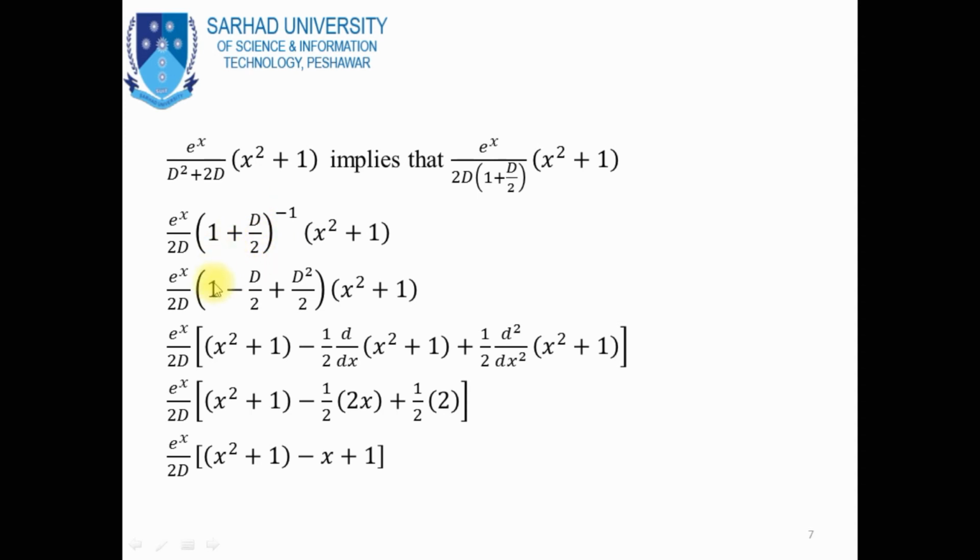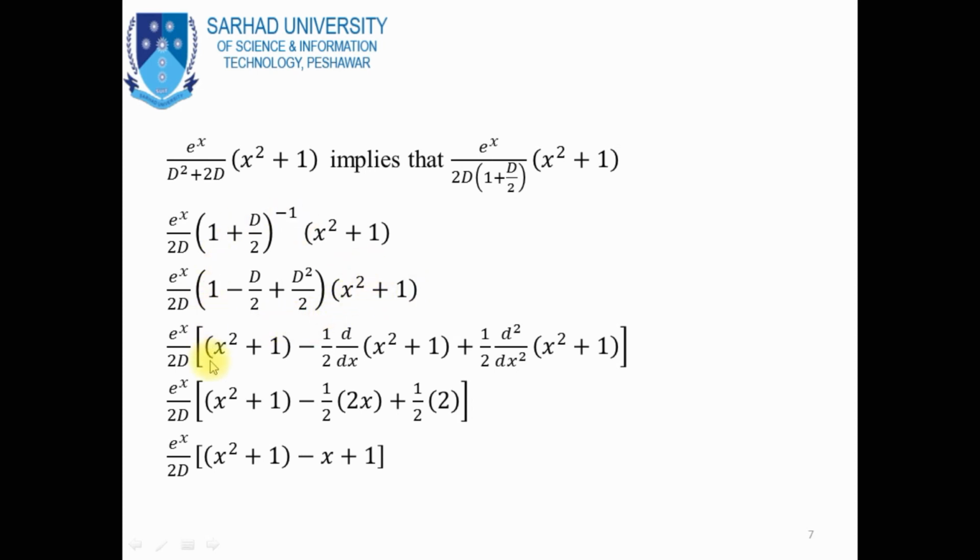So 1 plus nx, n is minus 1, so minus D by 2, and n into (n minus 1) divided by 2 factorial, second term squared, plus D square by 2. So neglecting D cube and higher powers of D in the binomial expansion, we obtain 1 minus D by 2 plus D square by 2 into (x square plus 1).